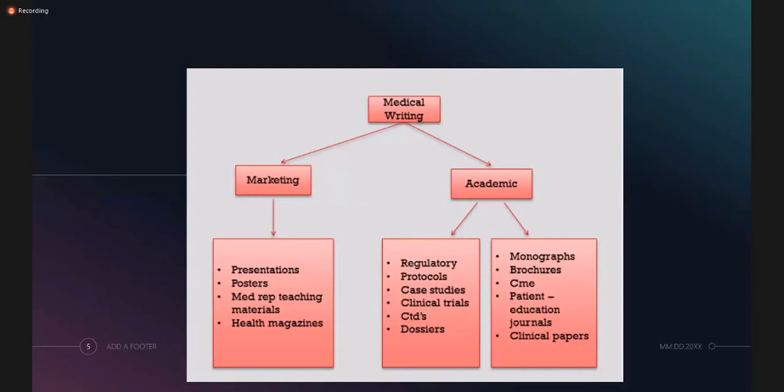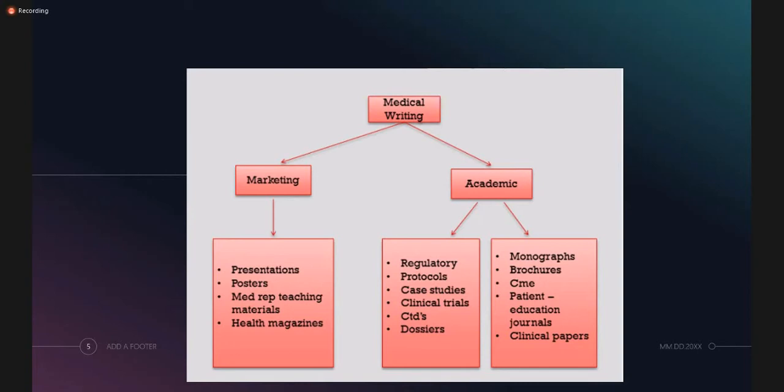So, coming to our second objective, what are the different types of medical writing? Broadly speaking, we can classify medical writing into academic writing and writing for marketing purposes. You are well aware that medical writing for marketing purposes means pharmaceutical industries are involved.